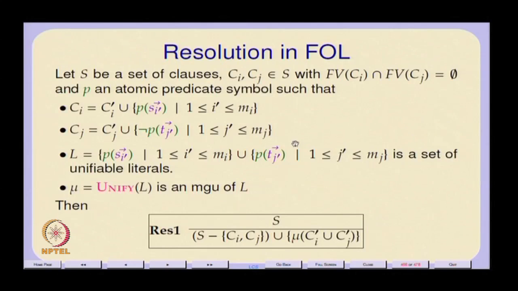Essentially all this says is, first of all, you should standardize the variables apart. You take a set of clauses, where each clause is implicitly universally quantified over all the variables of the clause.